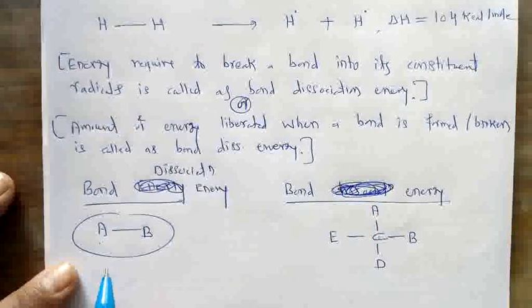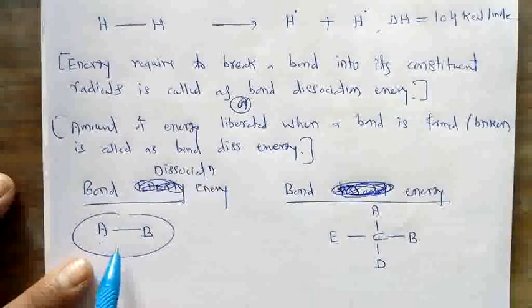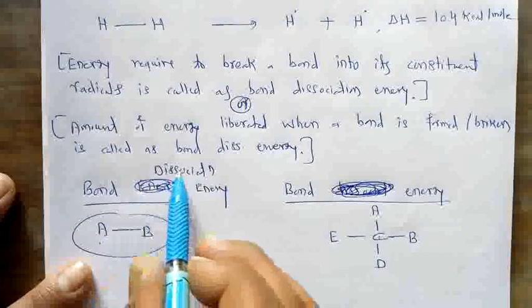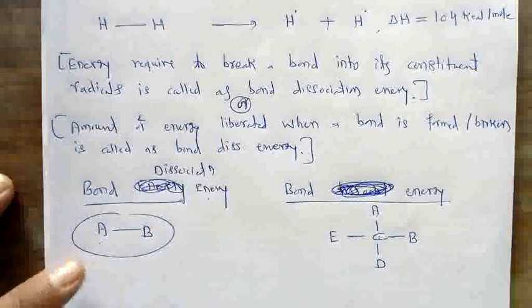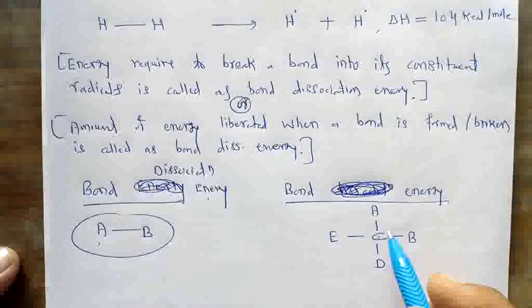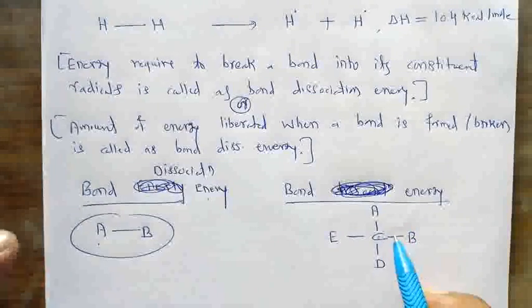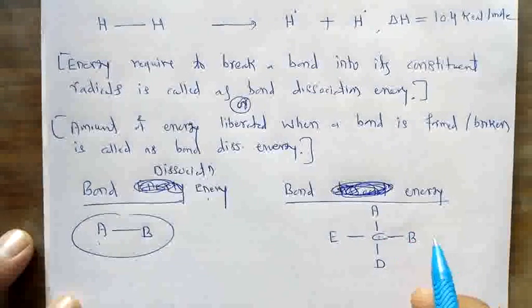Whenever we consider an individual bond, the energy required to form or break it is called the bond dissociation energy.